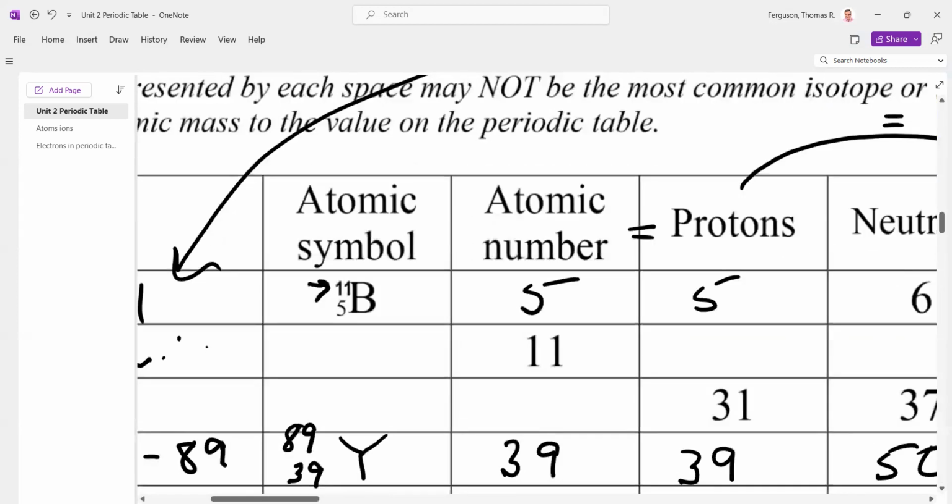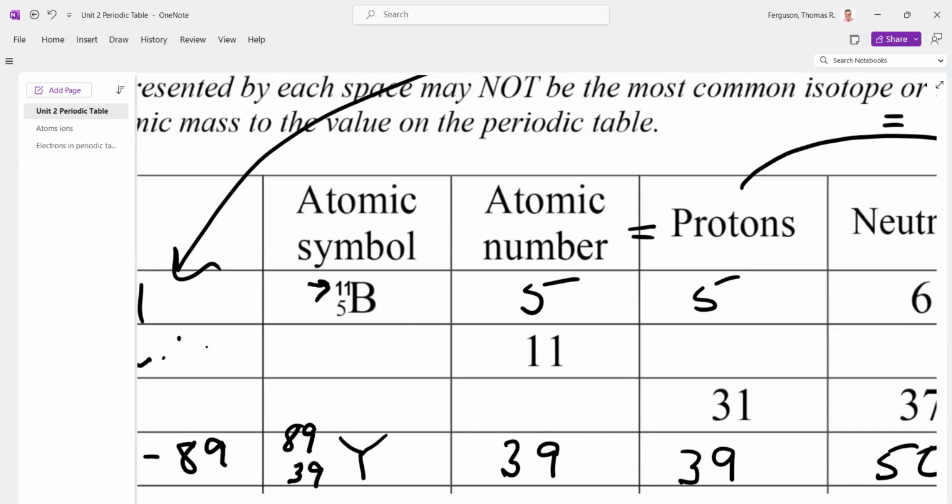So like this boron here, on the periodic table, the 5 is on top, not the bottom, but only on the periodic table. And they've been doing this for 150 years, and they switched to this protocol a long time ago, but they kept it on the periodic table. That was a bone of confusion last time.